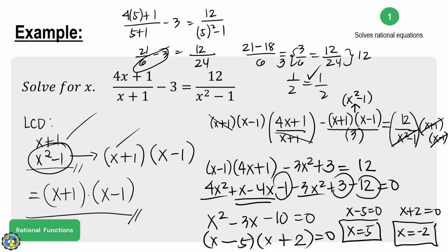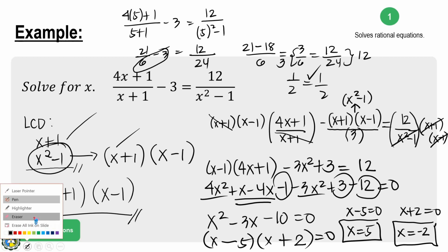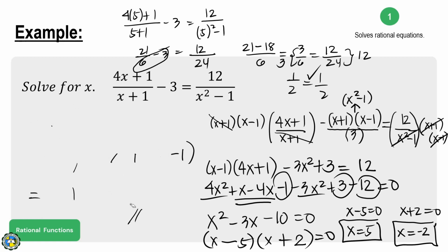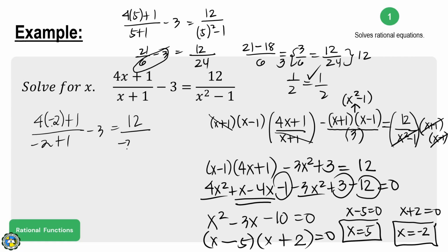Sige. Proceed po tayo, no, with other value. Let me erase this one, para dito na lahat ng ating solutions. Okay, so negative 2. So 4 times negative 2 plus 1 all over negative 2 plus 1 minus 3 equals 12 over negative 2 squared minus 1.